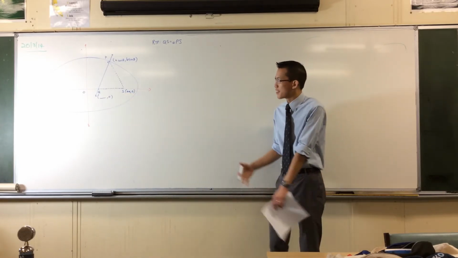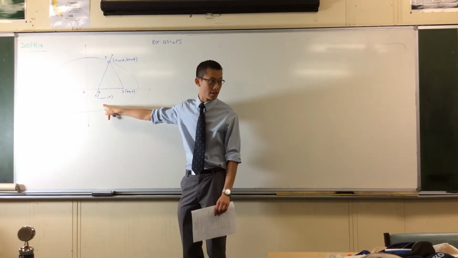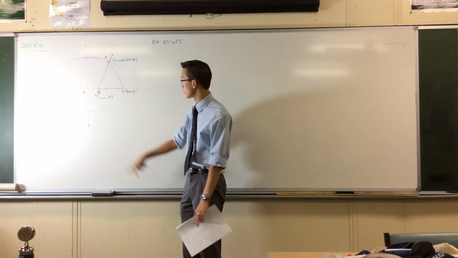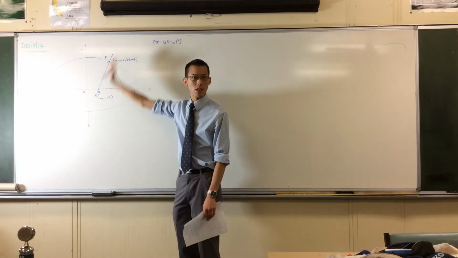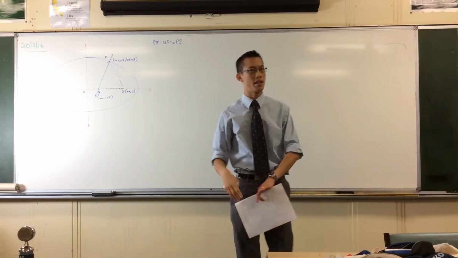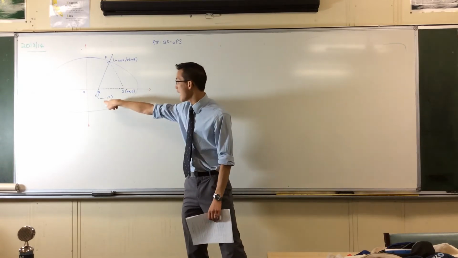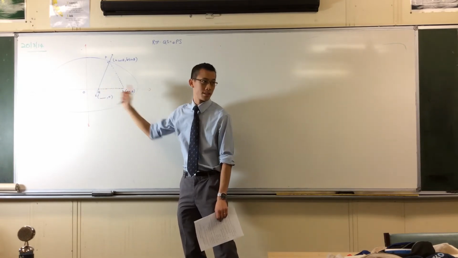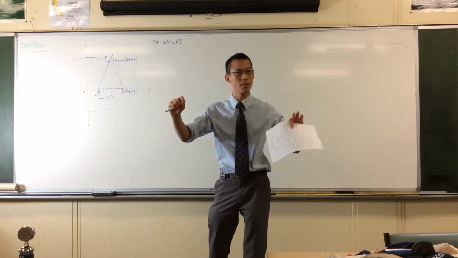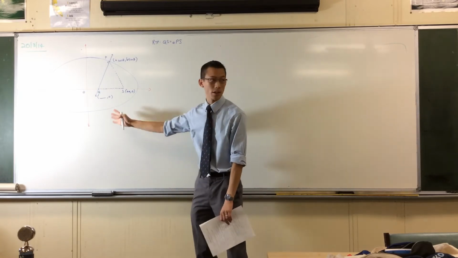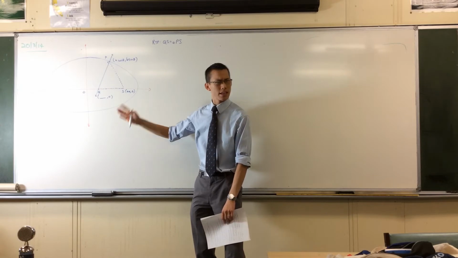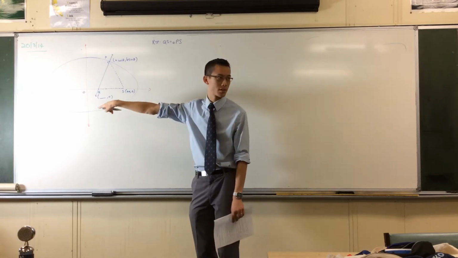But I don't know what the something is just yet, and to work it out I'd need the equation of PQ, and then I'd have to substitute it in to get a value. Once I have that value, it's trivial to get the distance QS because it's just a horizontal distance. But I don't know what Q is yet, so that gives me an extra step before I can work out QS.